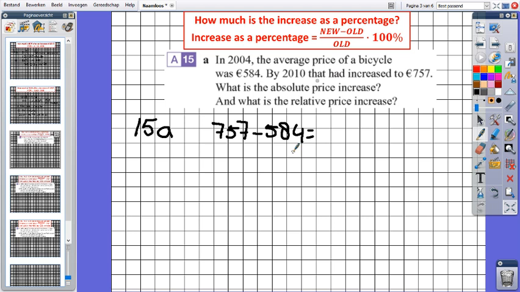So do this either mentally or use your calculator, and you will find that the absolute price increase is going to be 173 euros.